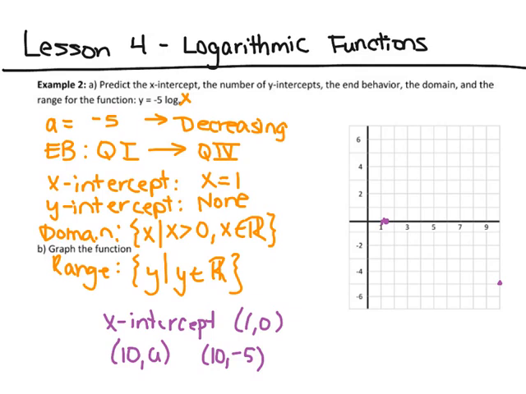It'll go on and on to infinity up at the top. So you would hug the y-axis, go through x equals 1, and then down to negative 5. So that would be what your logarithmic function looks like. So that's how you graph logarithms.